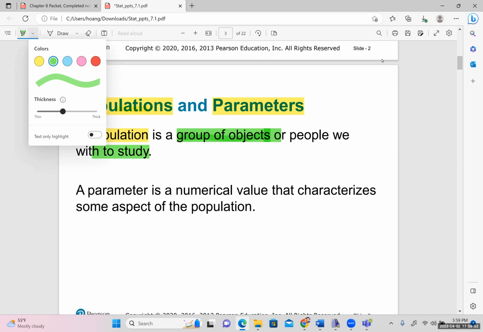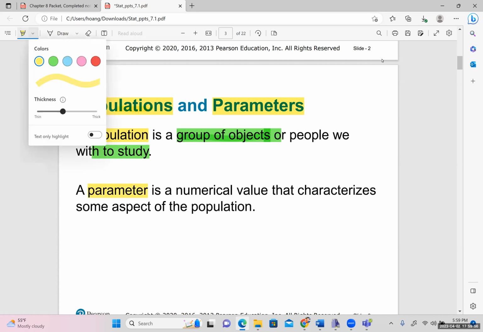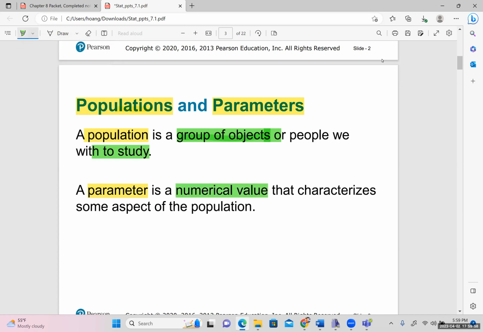What about parameters? A parameter is a numerical value that characterizes some aspect of the population.